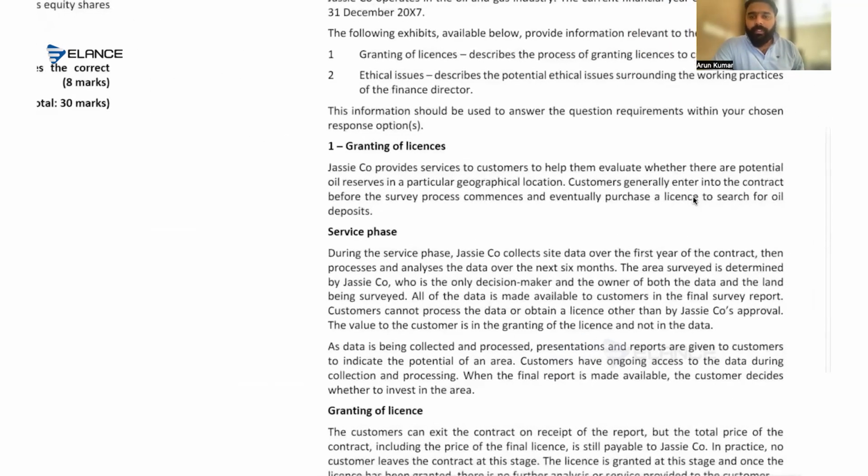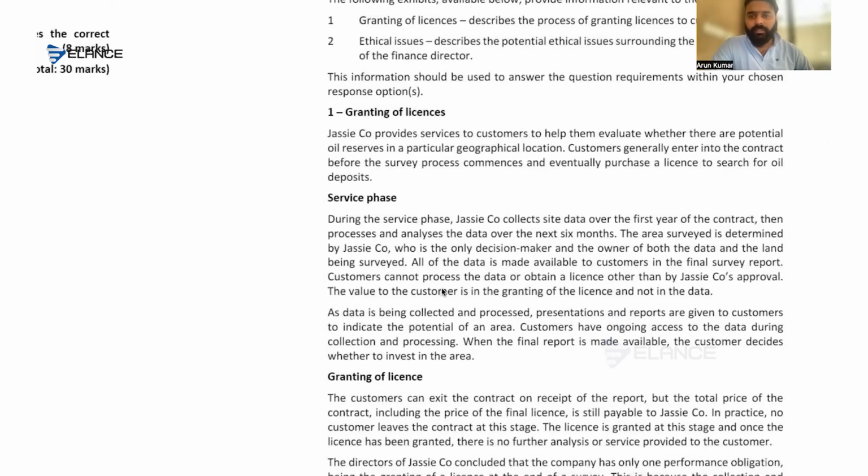JC company provides service to customers to help them evaluate whether there are potential oil reserves in a particular geographical location. The customer generally enters into a contract before the survey process commences and eventually purchases a license to search for oil deposits. During the service phase, JC collects the site data over the first year of the contract, then processes and analyzes the data over the next 6 months.